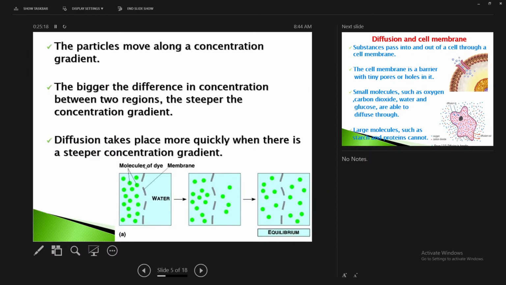Now the question I will ask you is to tell me which of these two boxes has the highest concentration gradient.